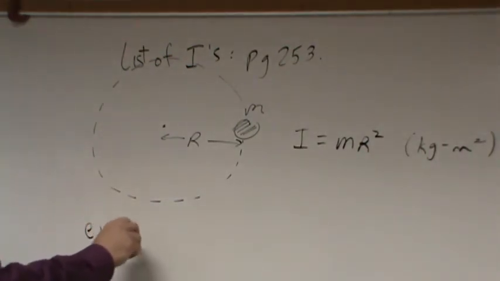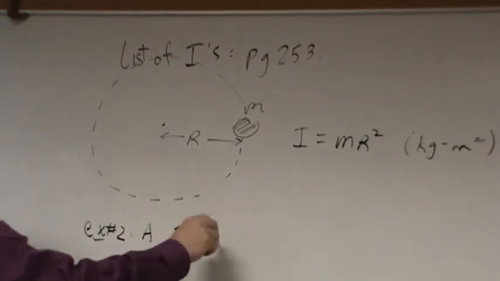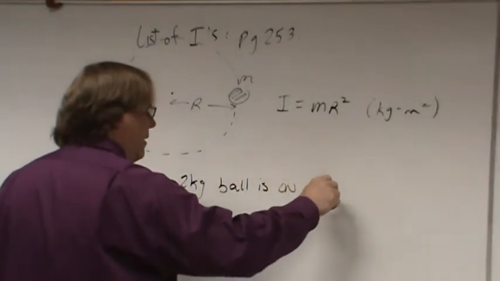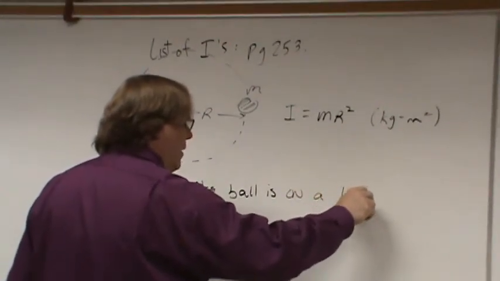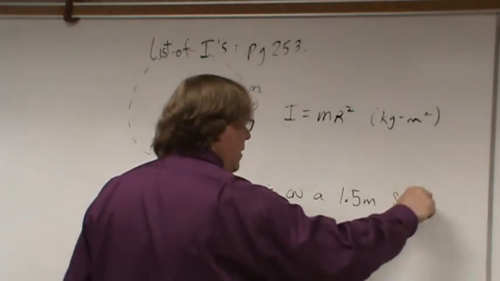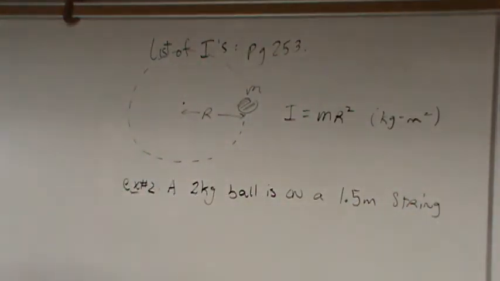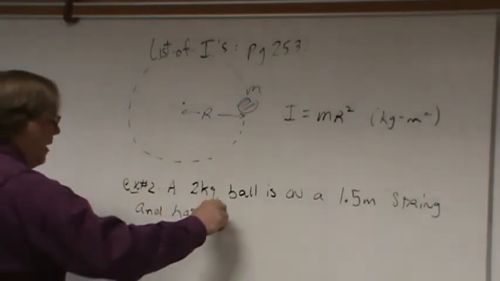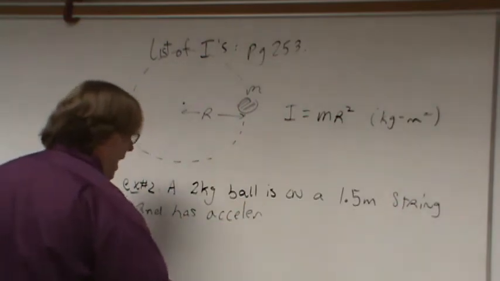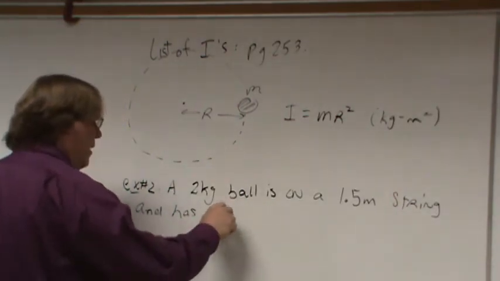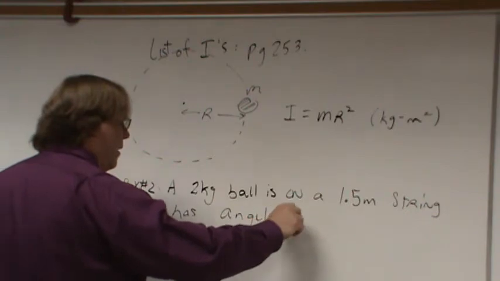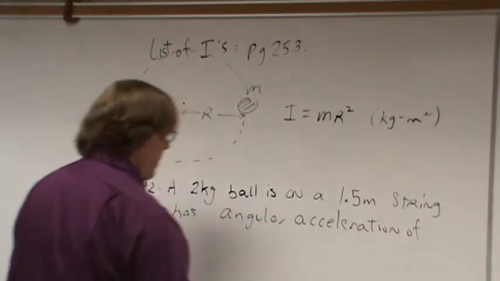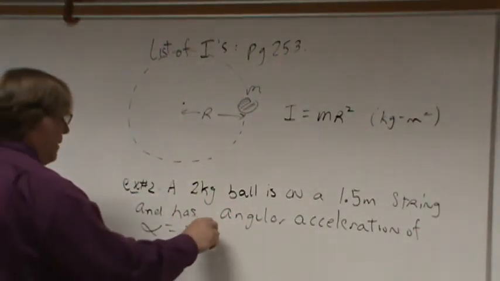Example 2. A 2 kilogram ball is on a 1.5 meter string and has angular acceleration of alpha equals 3 radians per second squared.